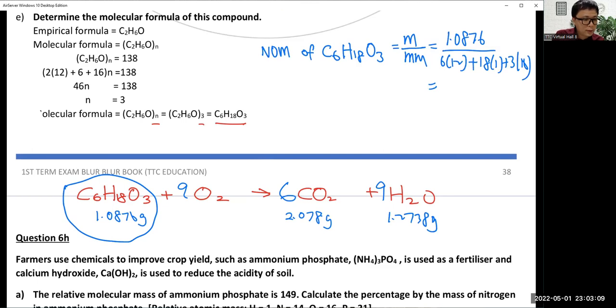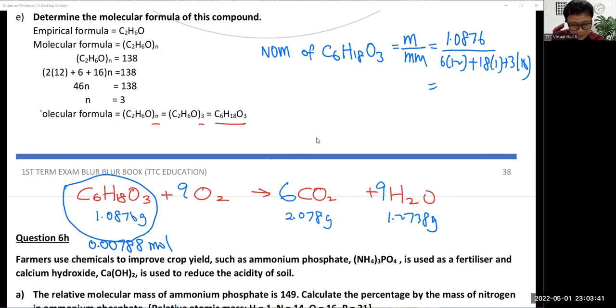Then we take out the calculator. So it's 72 plus 18 plus 48, 138. Then for that, 1.0876 divided by 138, I'll get 0.00788 mole.